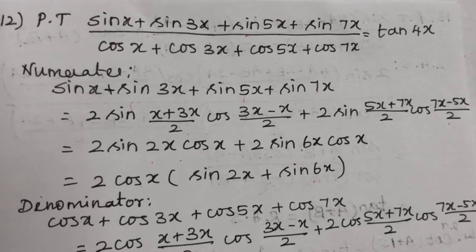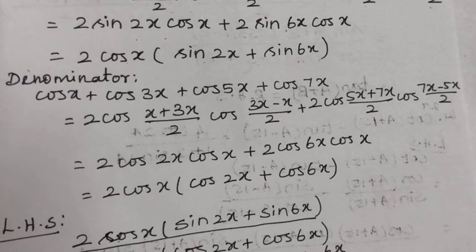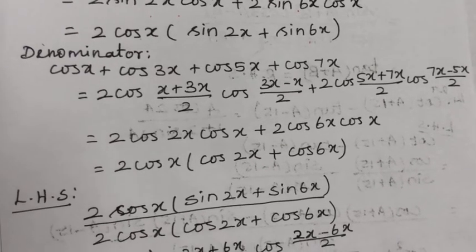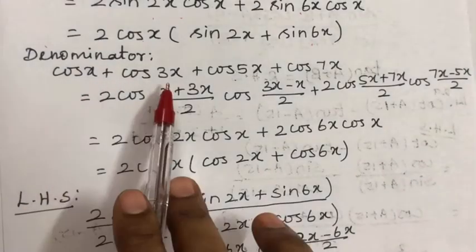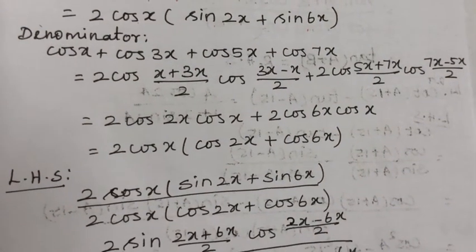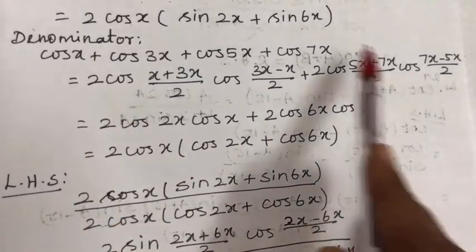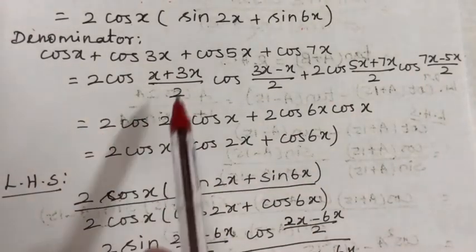Now, let us calculate the denominator. So, here also we are going to use the sum to product identity. That is cos a plus cos b. Okay, so 2 cos (a plus b) by 2, cos (a minus b) by 2, and after simplifying we get 2 cos 2x.